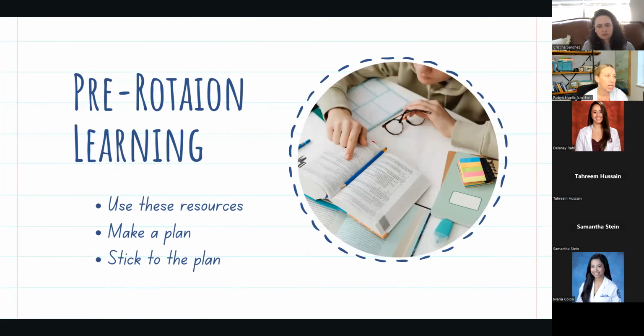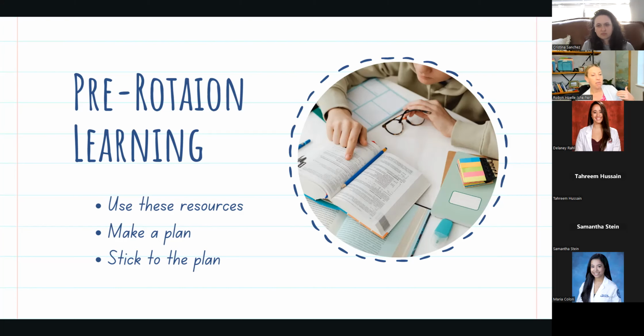So pre-rotation learning, I've broken this up into, well, we're going to talk about resources, and this slide is to remind me to tell you guys: look at your resources, think about what you need. If you used to be, I don't know, a heart lab technician, an EKG person, and you watch telemetry all day and you know every single thing about EKGs, you really should not be devoting any pre-rotation time to studying EKGs, right?